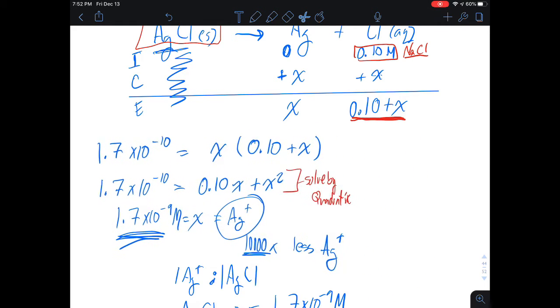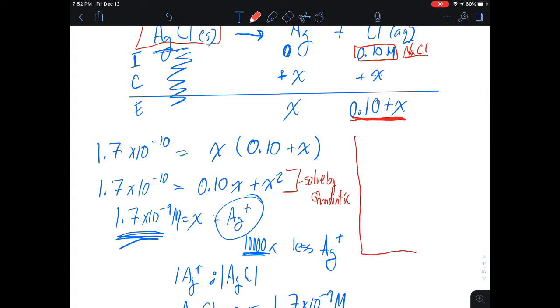This is going to be a really small amount. We're talking about things that have low solubilities. So there is a very common technique called the estimation method. In the estimation method, we think about how our starting concentration is 0.1, and you're going to be adding this little tiny bit of x.